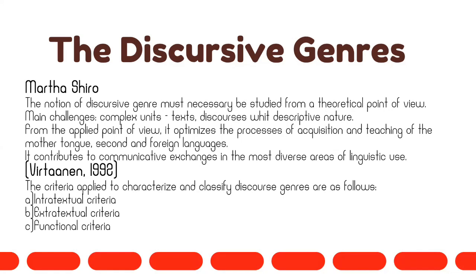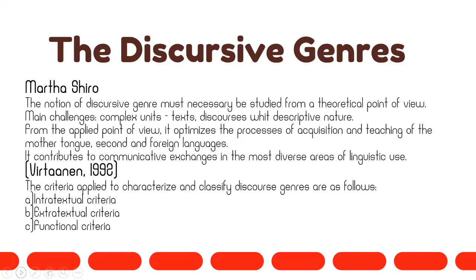Extratextual criteria. They refer to situational features and allow us to specify the context in which certain discourse genres may appear, the role and other characteristics of the participants, and the speech communities that make use of it and appropriate the characterized discourses. Studies that focus on intertextuality and interdiscursivity are also located in this field.